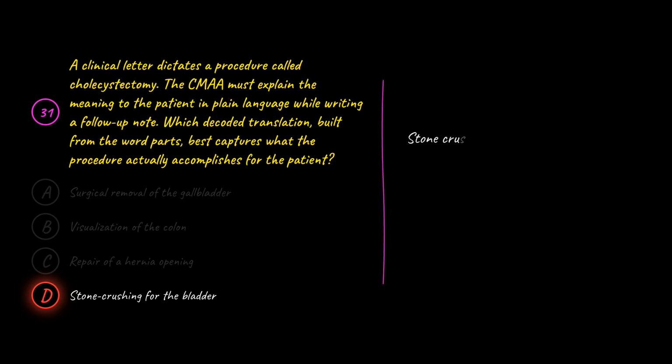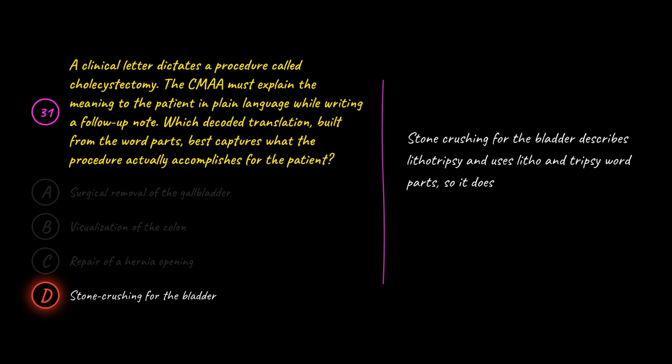D is wrong because stone crushing for the bladder describes lithotripsy and uses litho and tripsy word parts, so it does not align with the bile-related cholecystectomy operation described in the dictated note.